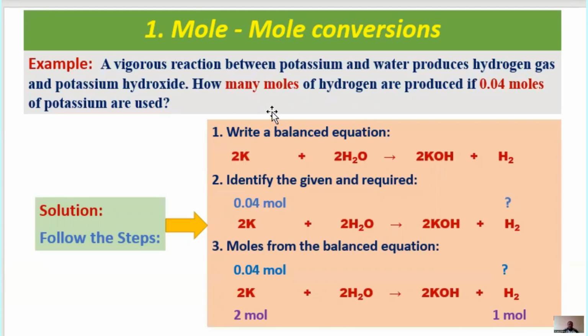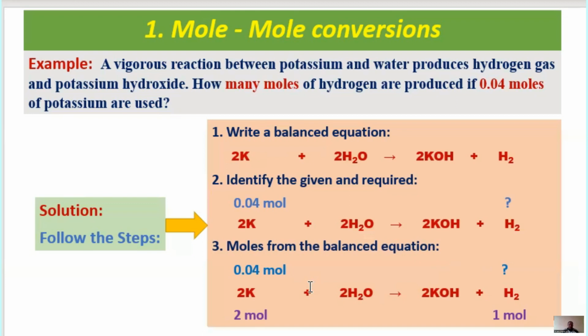You are asked to find the number of moles of hydrogen. This is the formula of hydrogen, put a question mark here, and the given moles of potassium is written at the top of the formula of potassium, which equals 0.04 mole. In the third step, find the moles from the balanced equation. You have to find out the number of moles of the given and required from the balanced equation.